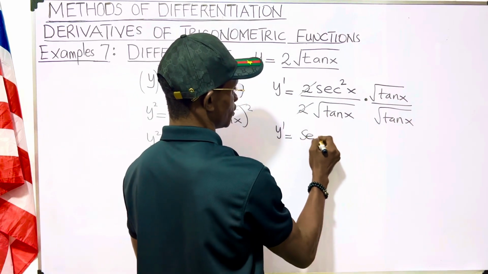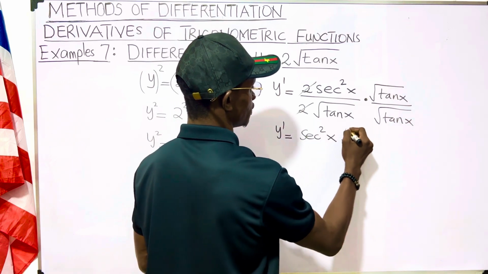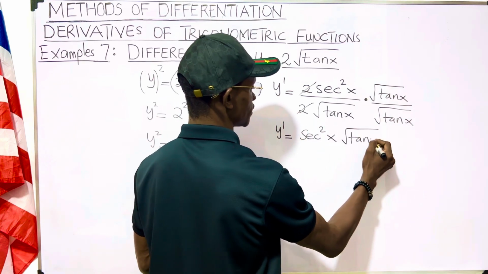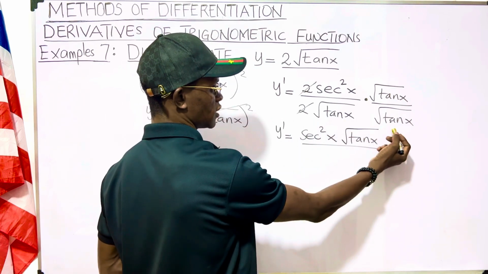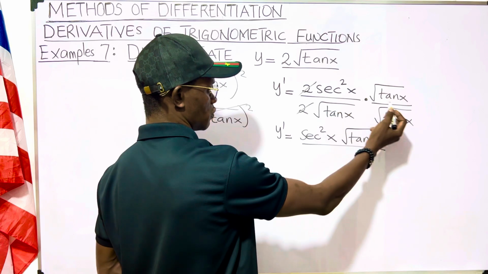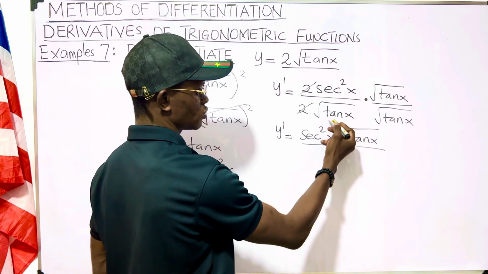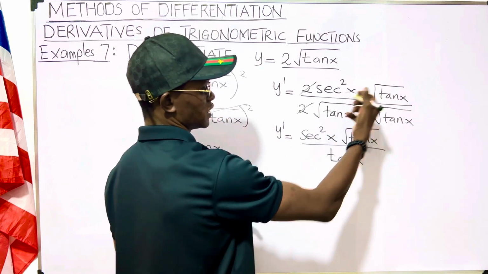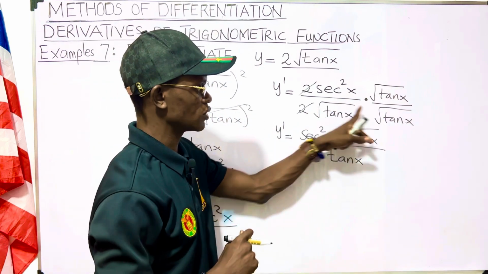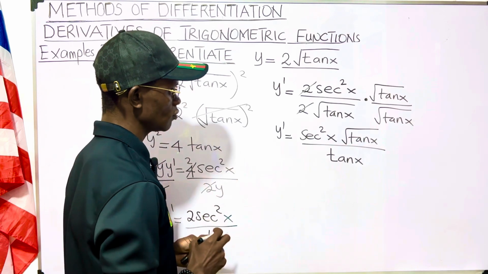So this is secant squared x times the root of tangent of x, over the root of tangent of x times the root of tangent of x. When we multiply two like roots, we take one of the radicands, because the roots just cancel, because it's like saying half plus half is equal to 1.